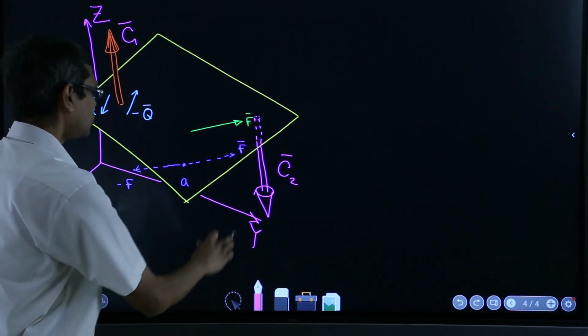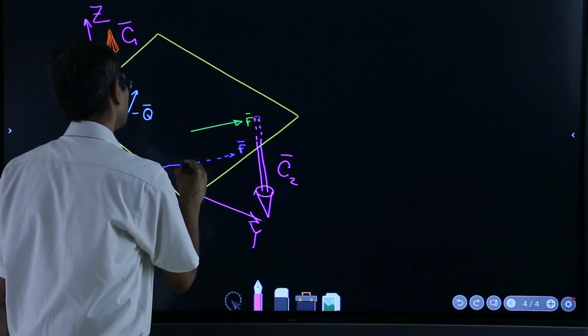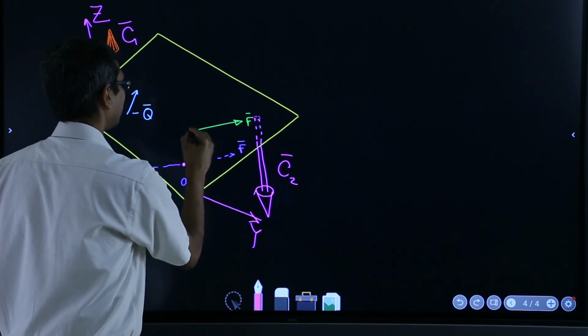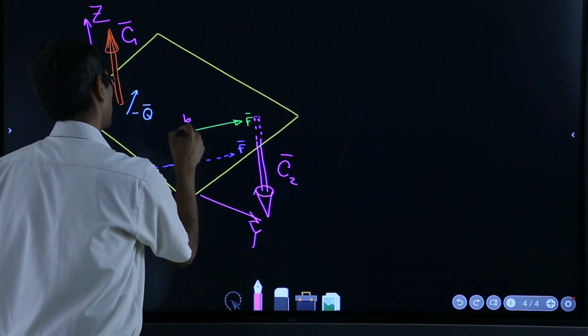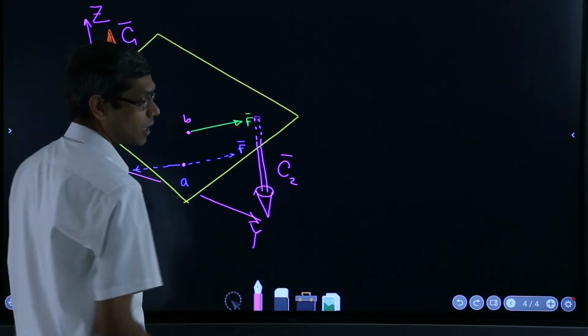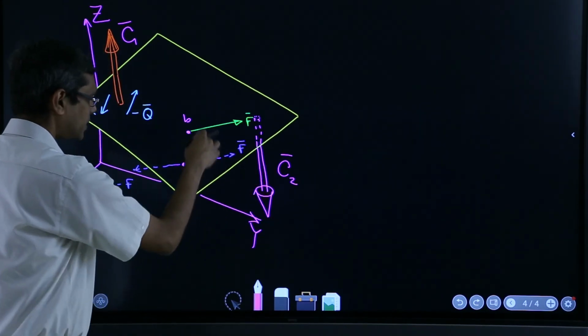Now this C2, which has come up because we have moved F from point B to point A, is the compensatory couple moment.